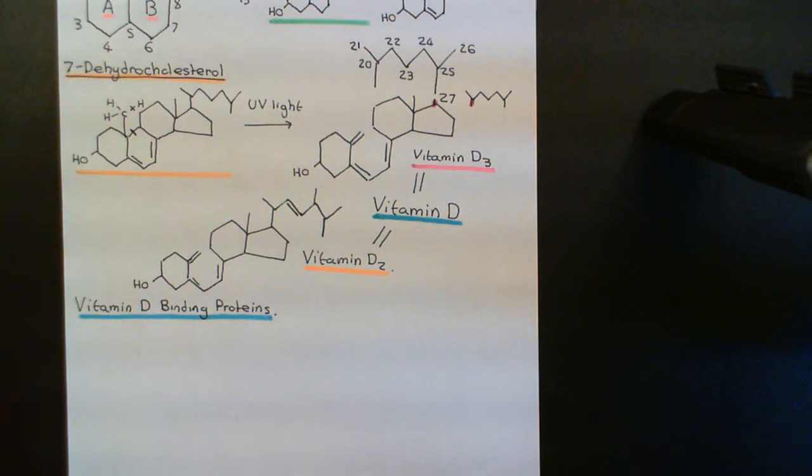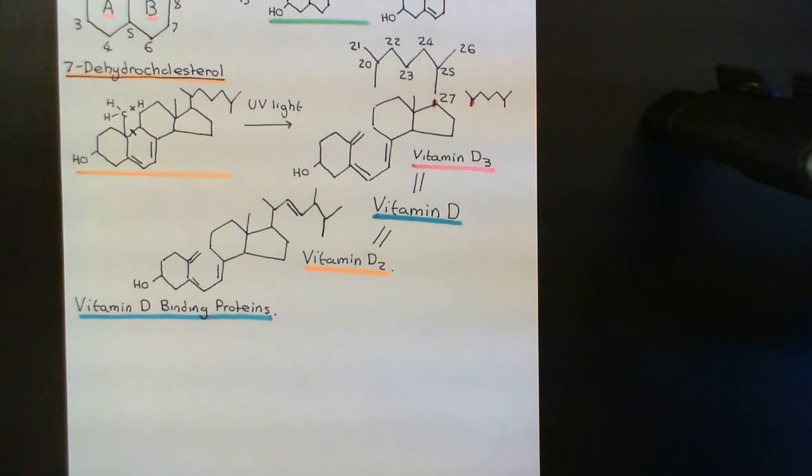So it's very difficult to become vitamin D deficient because you have such a large store of vitamin D in the adipose tissue, and it will take quite a long time to get through all of that, but it's very bad if you do become vitamin D deficient.